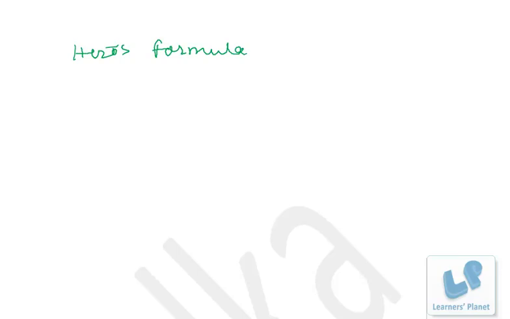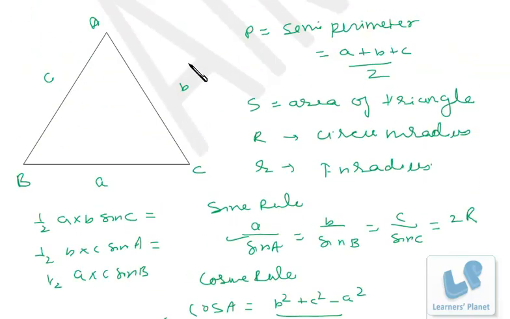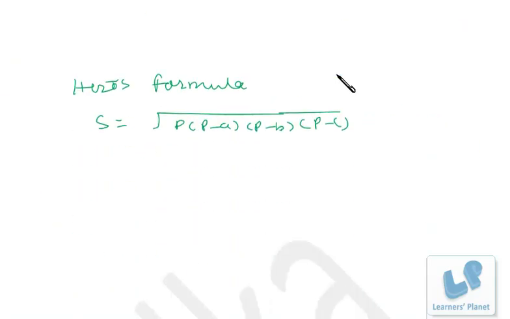So S, that is area of any triangle, is equal to root of p(p minus a)(p minus b)(p minus c). P is the semi-perimeter that we have just discussed, right? First of all, you need to calculate p, then put up the value of a, b, c. You'll be able to get the area of that triangle, right?